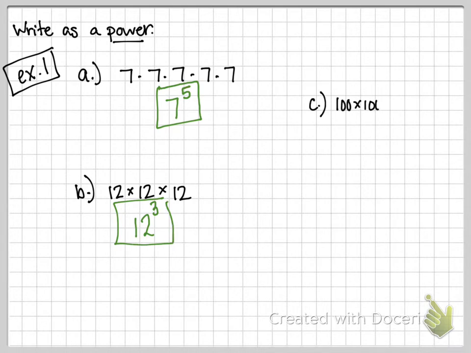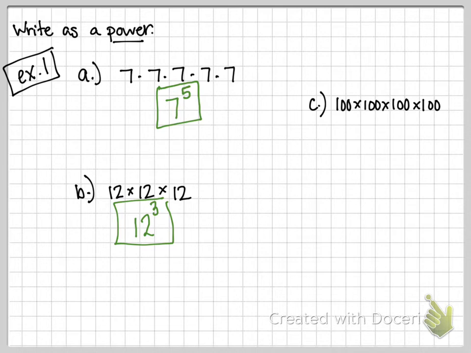Let's do one more. Letter C. 100 times 100 times 100 times 100. Go ahead and write that repeated multiplication for letter C as a power, please, in your notes.